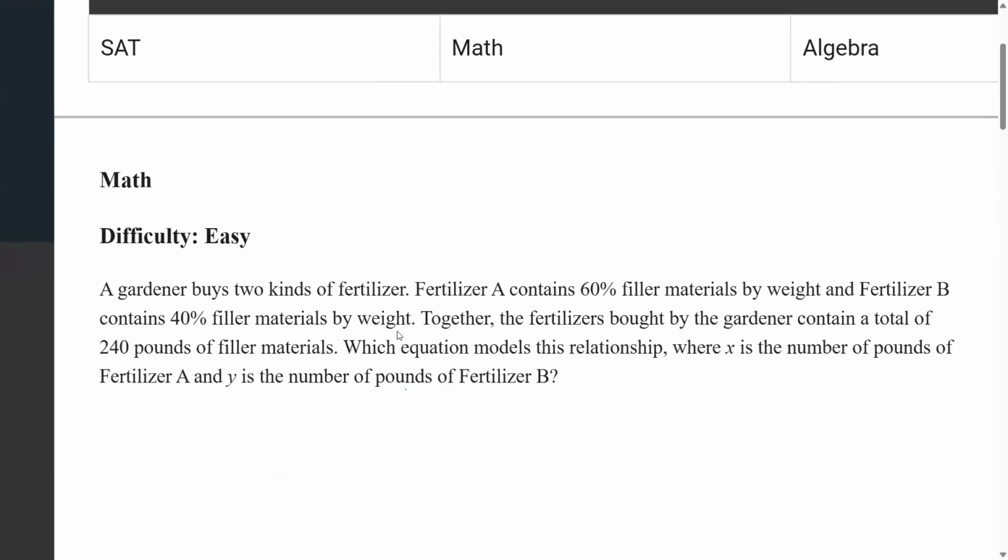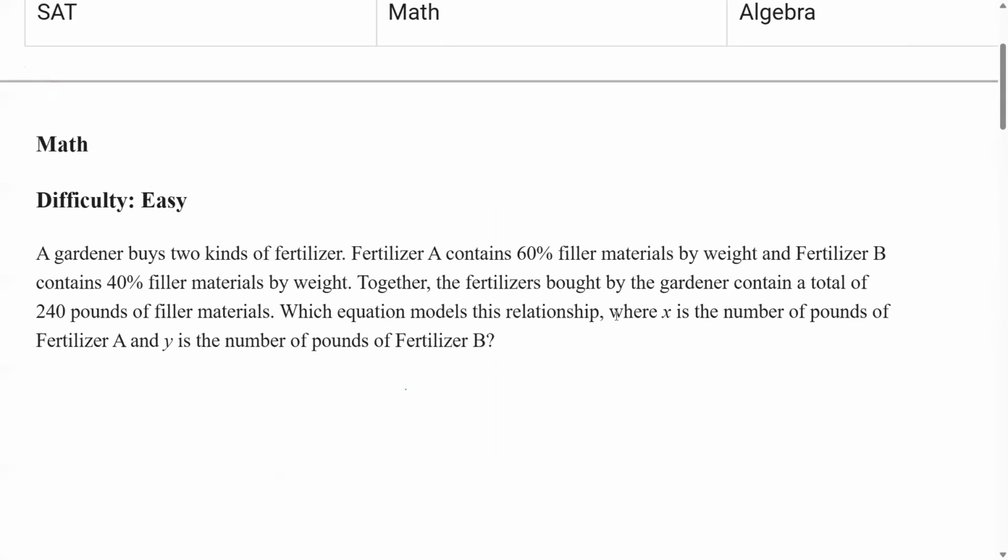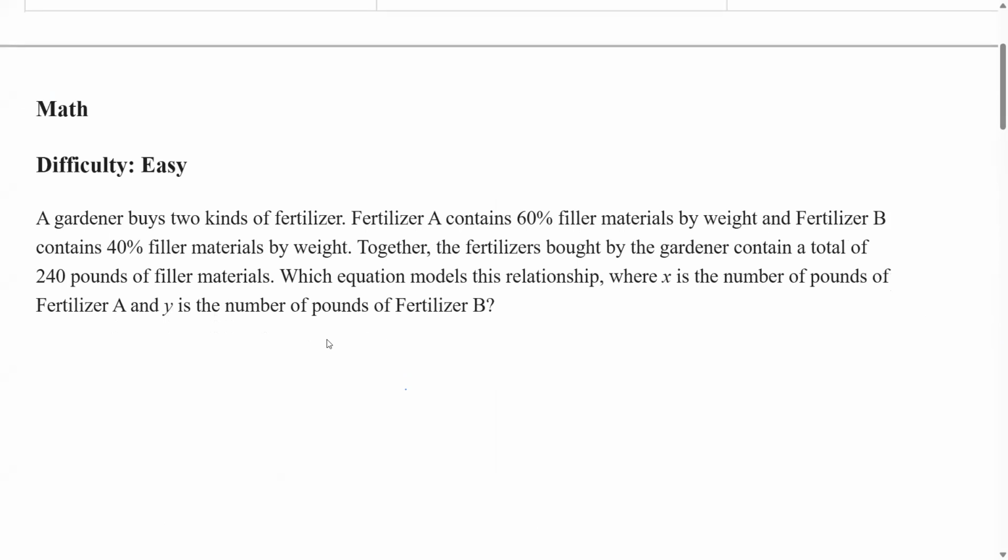A gardener buys two kinds of fertilizer. Fertilizer A contains 60% filler material by weight, and fertilizer B contains 40% filler material by weight. Together, the fertilizers bought by the gardener contain a total of 240 pounds of filler material.